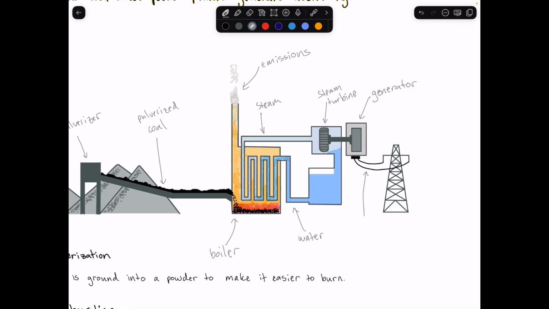The electrical energy that is generated from the generator is then transported in power lines and electrical wires to what is called the electric grid.